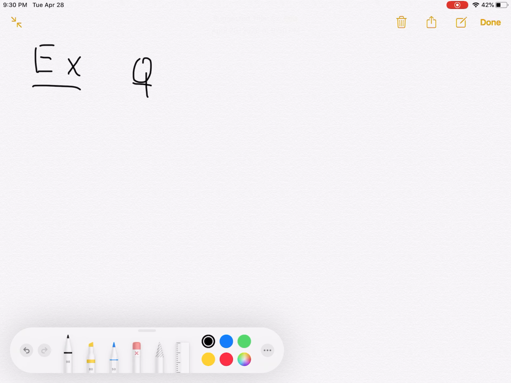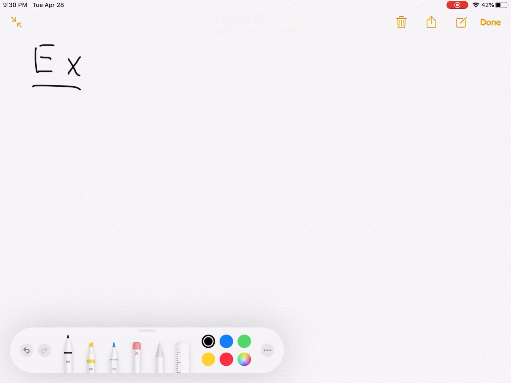Okay, so let's just take a second here, and I'm going to give a quick example of permutations. Here's going to be a question. I already have the example written.